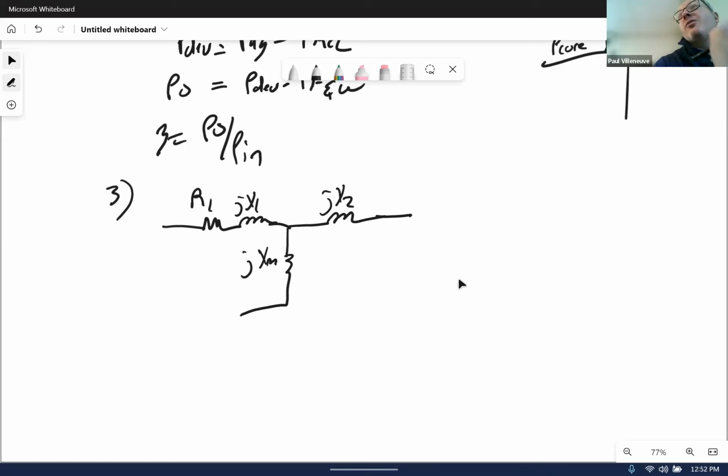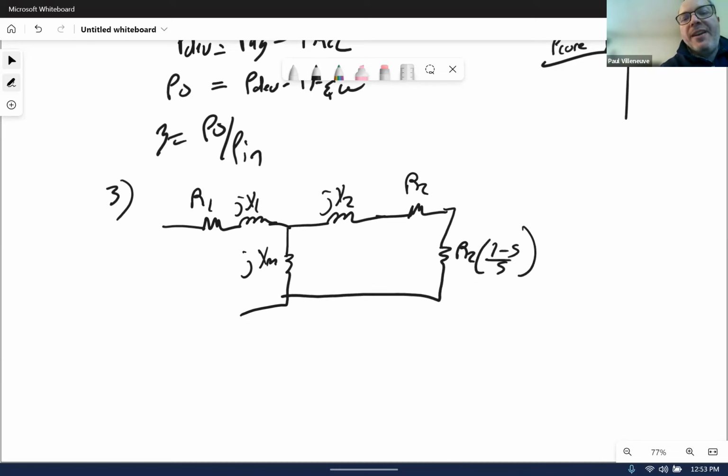It depends, right? You can combine these in one value or not. It's totally up to you. I normally would put it this way: R2 times (1 minus S) over S. But then I would do this combination to show that that's just R2 over S. So if I had to do circuit analysis, I would simplify my life a little bit and show what the results of that would be.